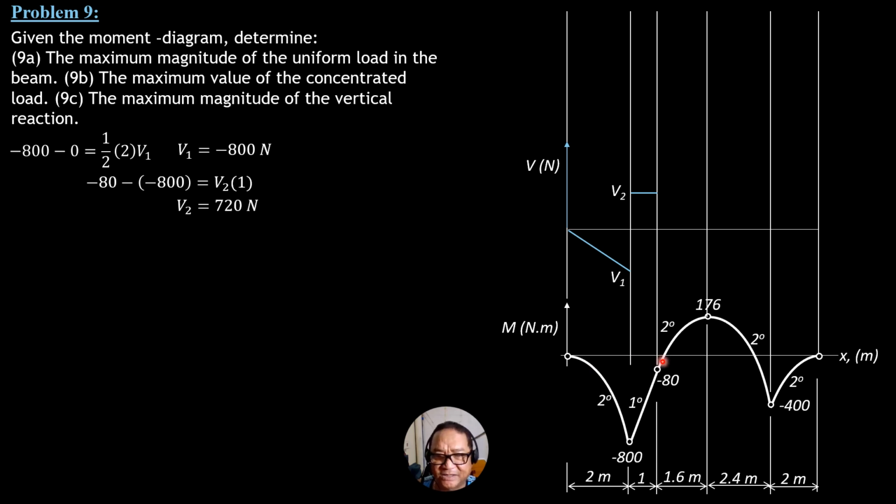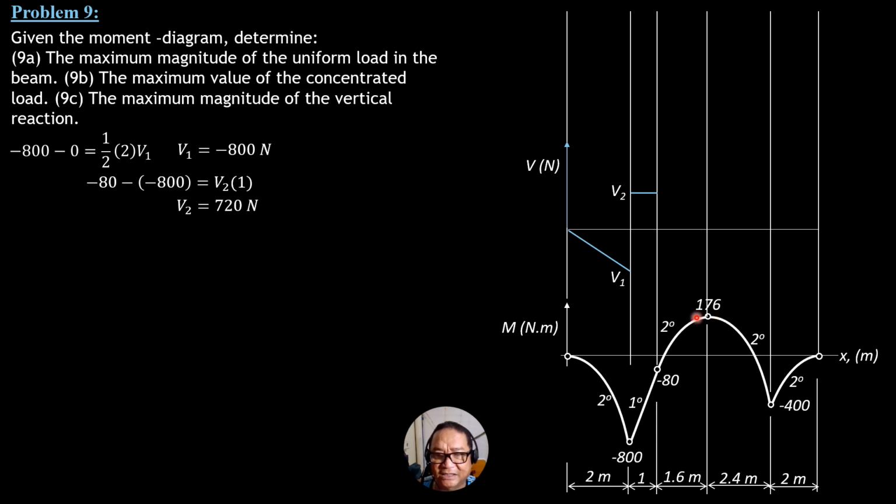Next, between this point and that point, the change in moment is 176 minus negative 80. So that's 256. Because this is second degree, it should be first degree above, and it should cross this point. So the tangent is horizontal here. Remember, the slope of the tangent to the moment curve corresponds to the shear above.